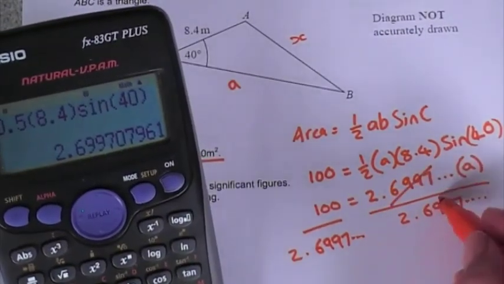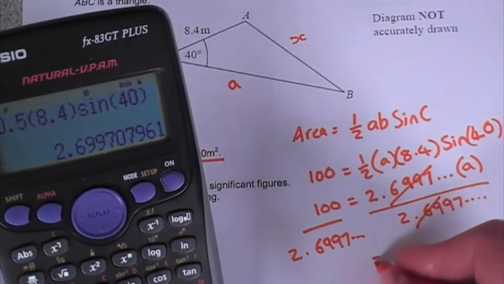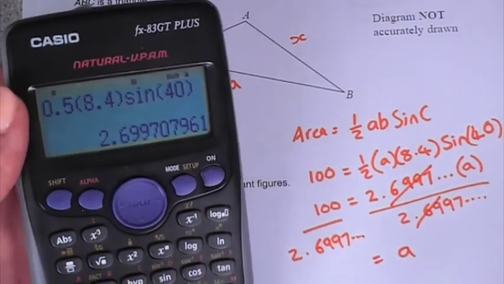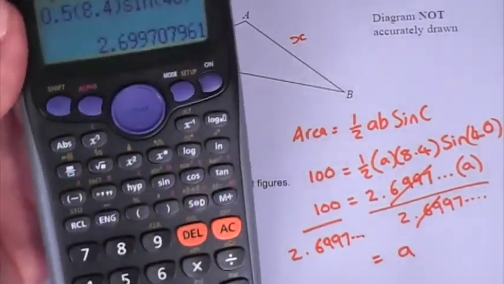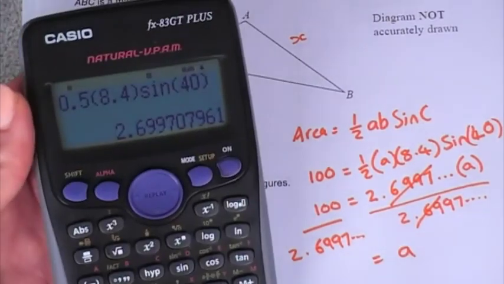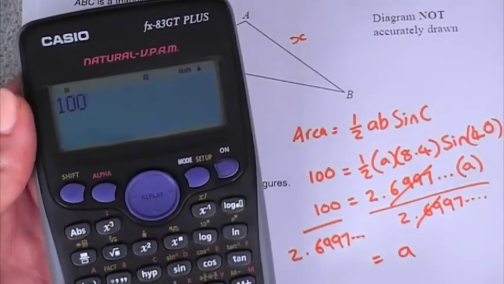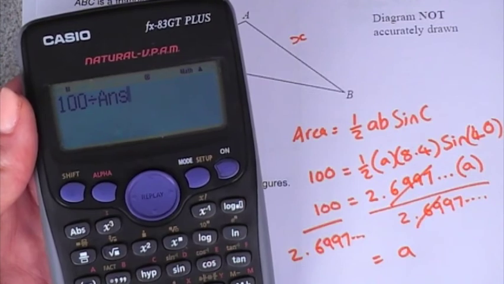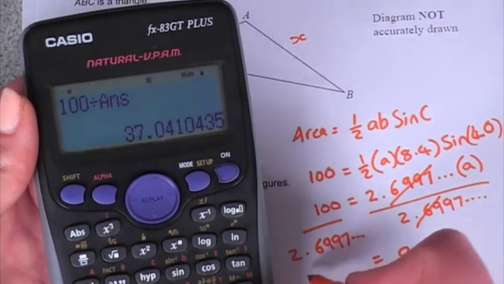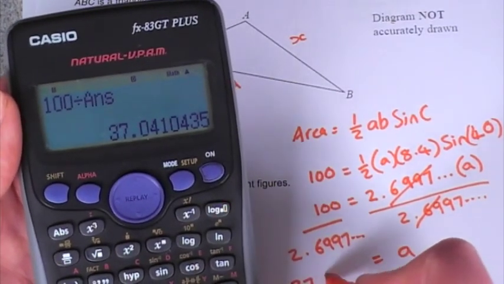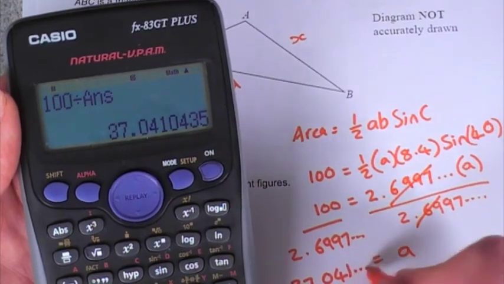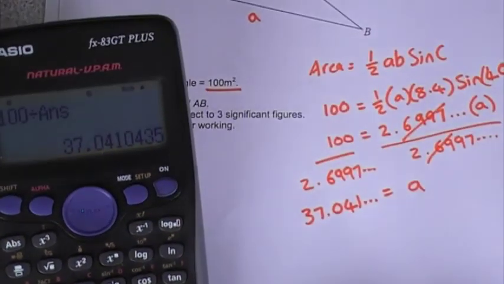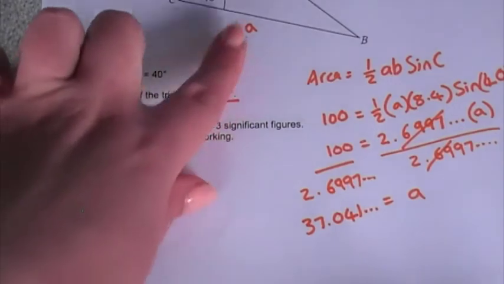Because I know that in order to get A on its own, I'm going to need to do 100. So I'm not pressing clear, I'm just typing in 100 divided by the answer equals. That gives me 37.041... So that's that length there.